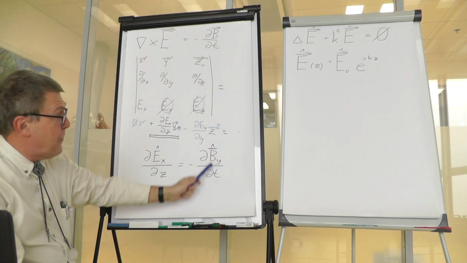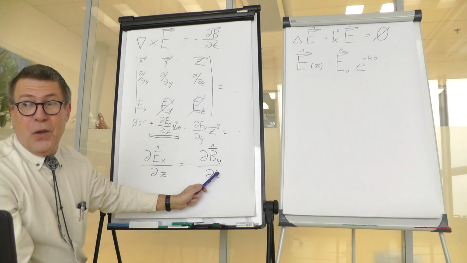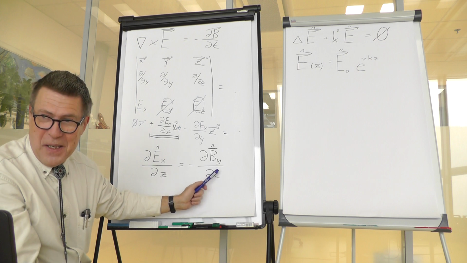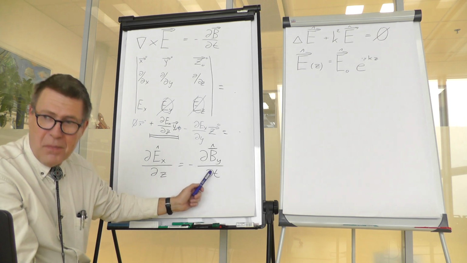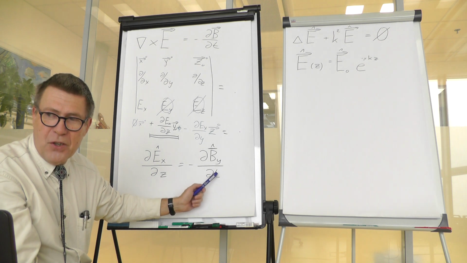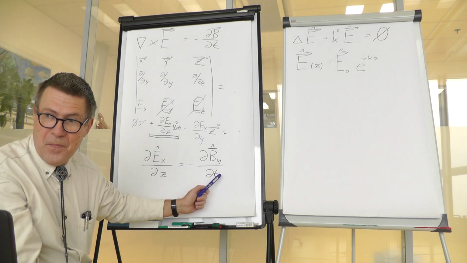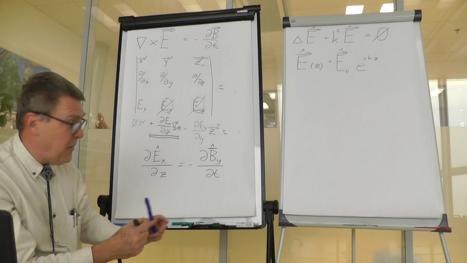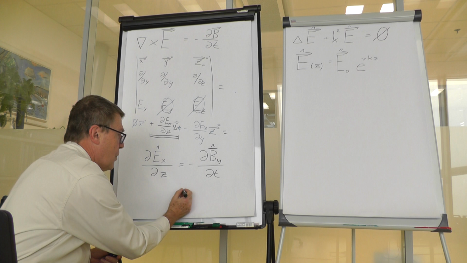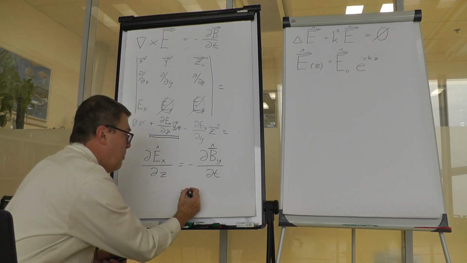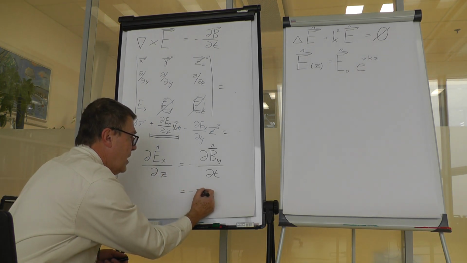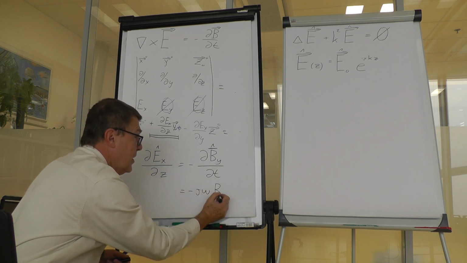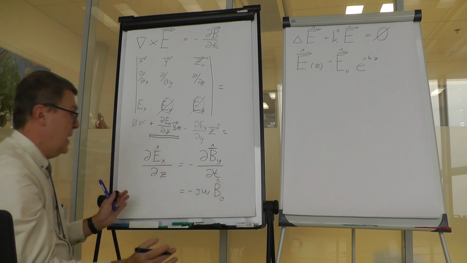Now, this is a phasor, and you know that deriving phasors against time is very simple. It is just a multiplication by j omega. Well, that would be simple. So let's carry out both derivatives. On the right side, we have minus j omega By. That's it.